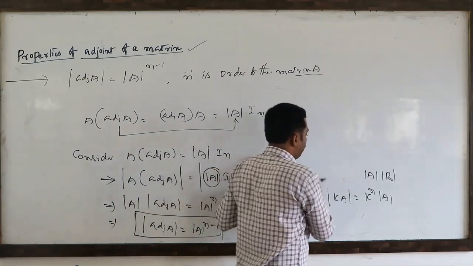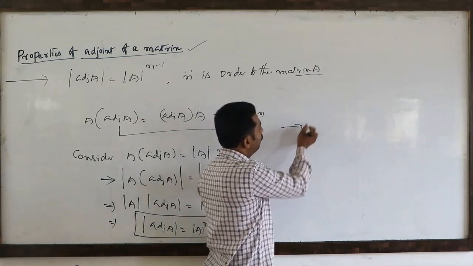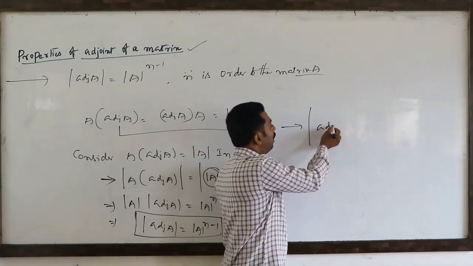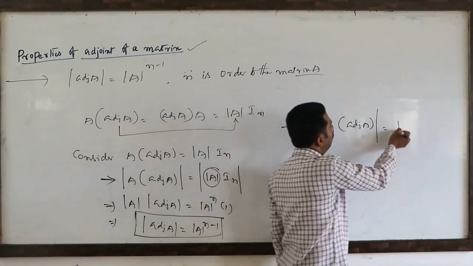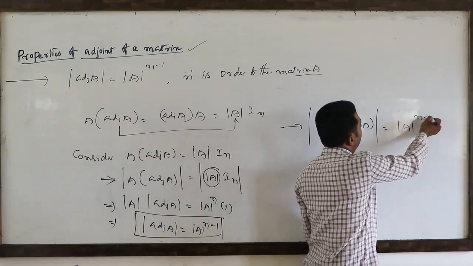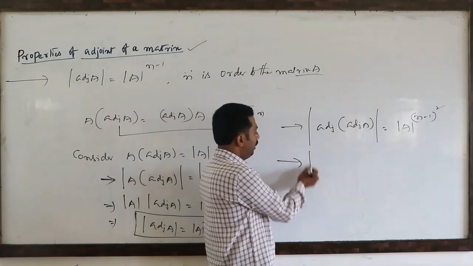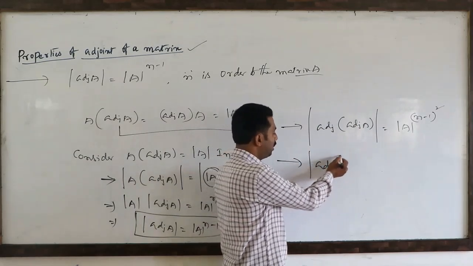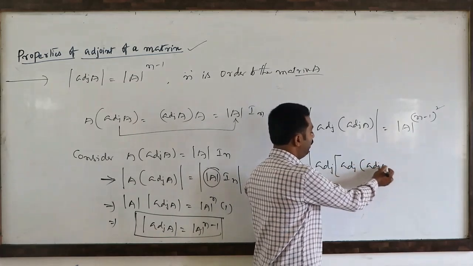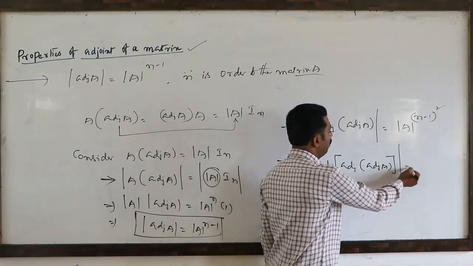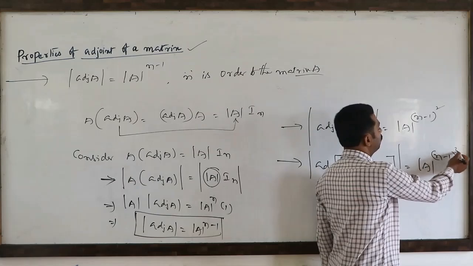Based on this property, you have to remember one more result. Observe: the determinant of adjoint of adjoint of A equals det A whole power n minus 1 whole square. Similarly, with three adjoints, it is det A whole power n minus 1 whole cube.